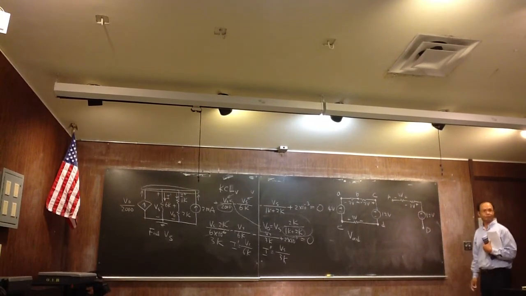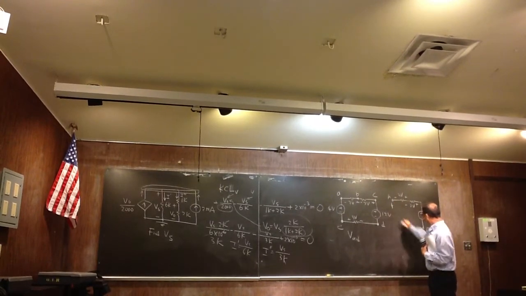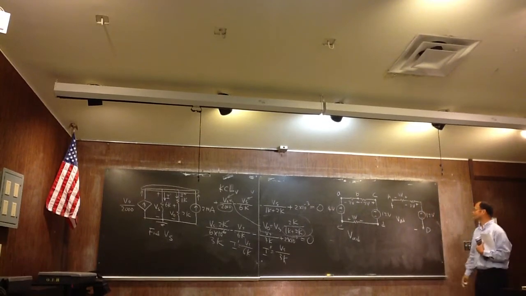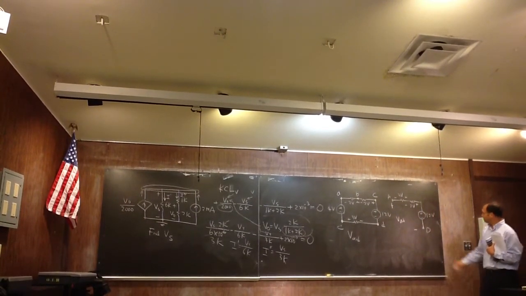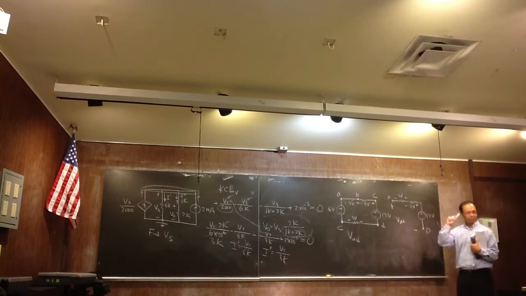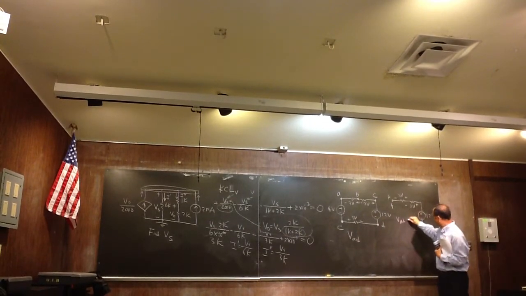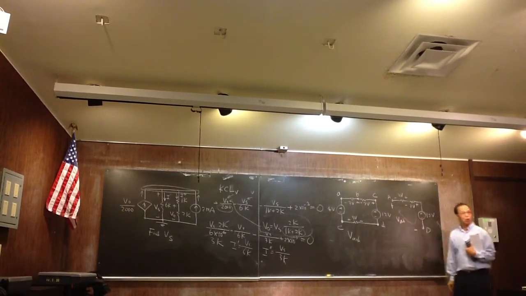So this is A, B, A, D. It depends on which direction you want to go. It doesn't matter, okay? If you go this direction, that's okay. That's a loop, right? From here to here, that's a closed loop.